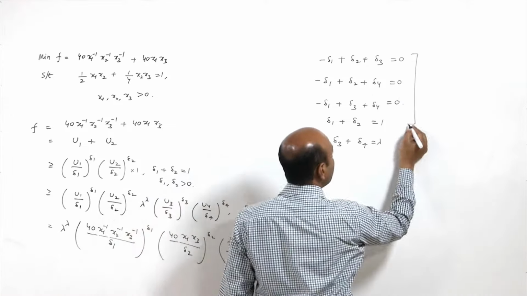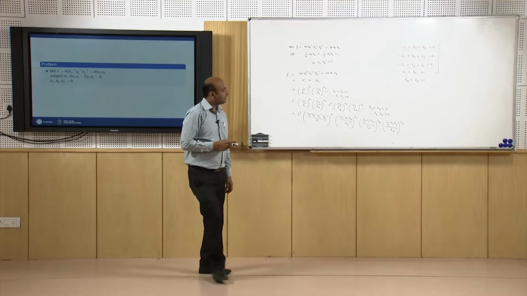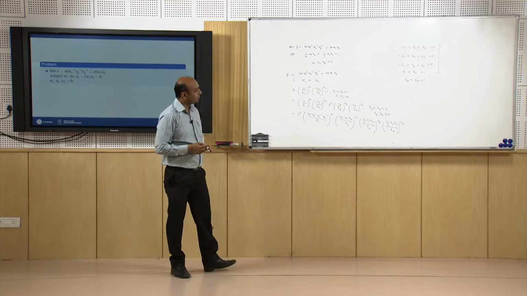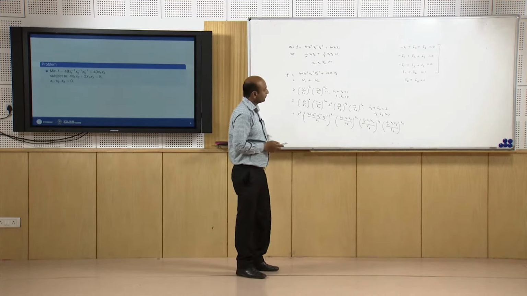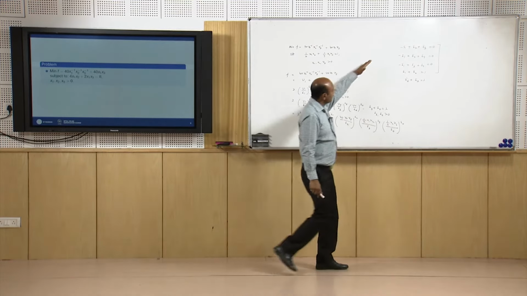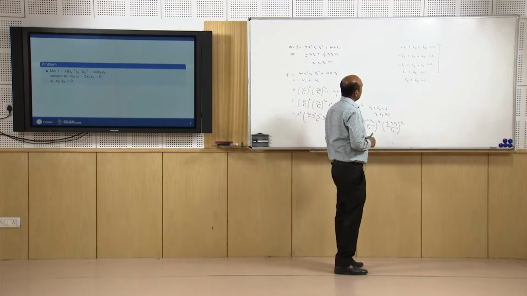So, here we are having 4 equations, 4 unknowns. We can solve it and find the values of delta 1, delta 2, delta 3 and delta 4. So, when we solve these equations, what are the values of delta 1, delta 2, delta 3, delta 4 we can obtain?